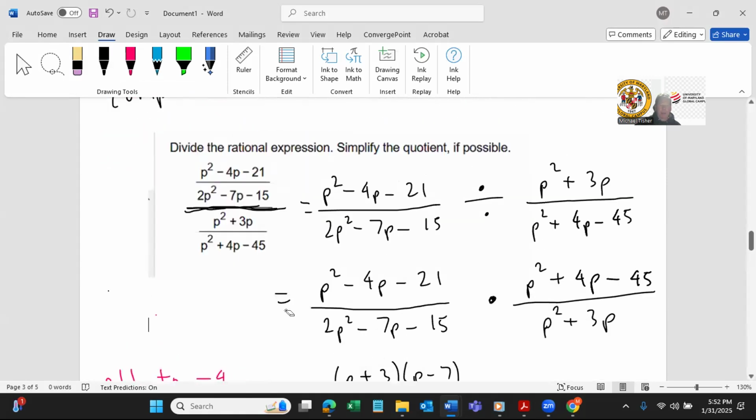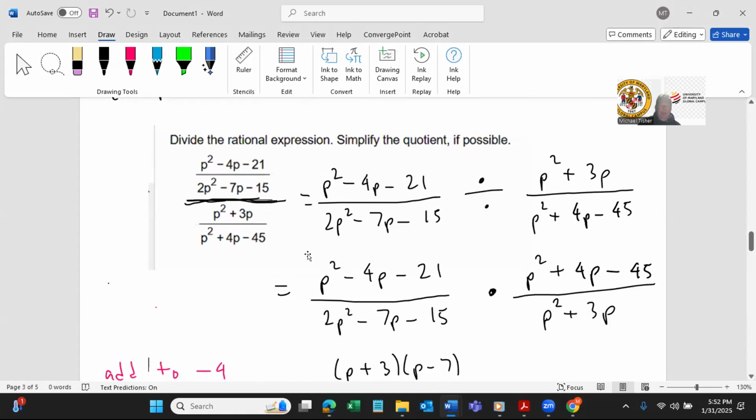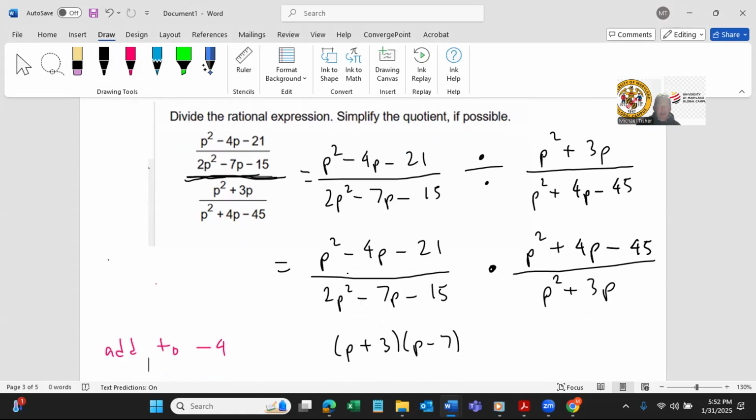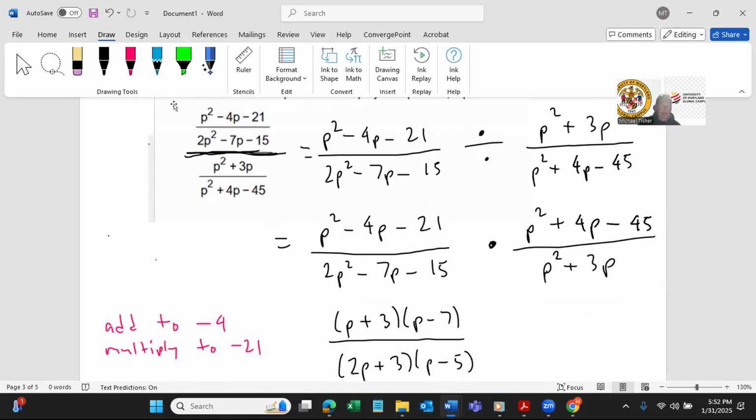All right, for the rest of the polynomials, we have a 1 in front of the p squared, so we have to do that long process. But still, we have to think of two such numbers. All right, so for p squared plus 4p minus 45, we have to think of two numbers that add to 4, but at the same time multiply to negative 45. Can you think of those two numbers?